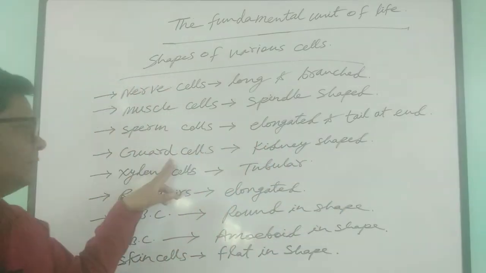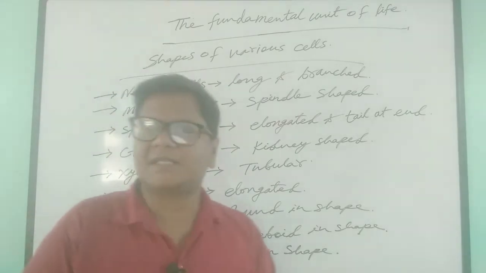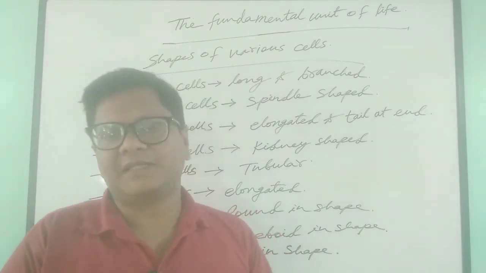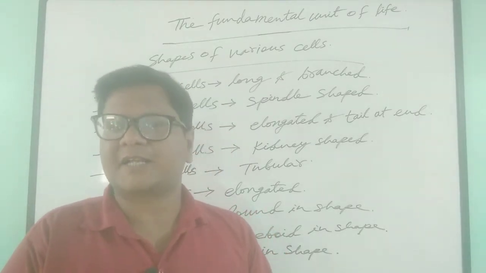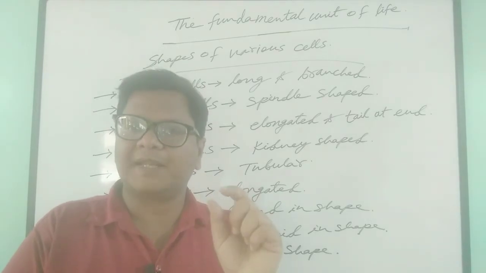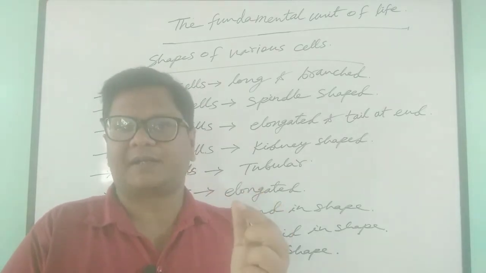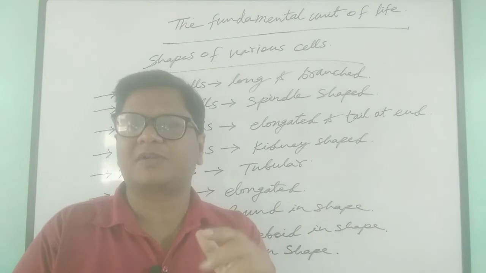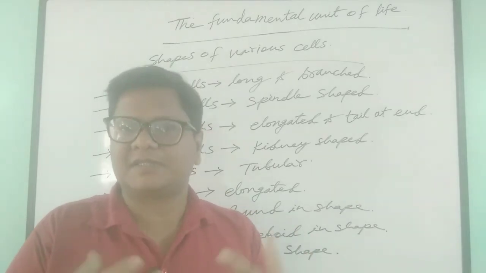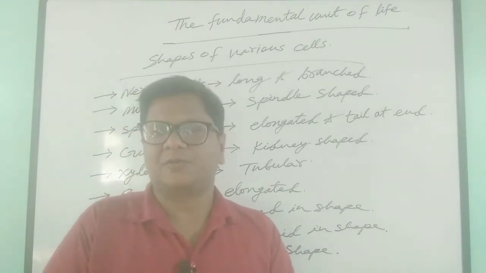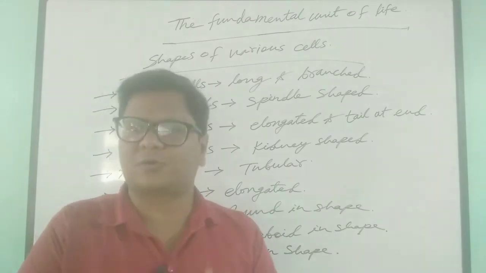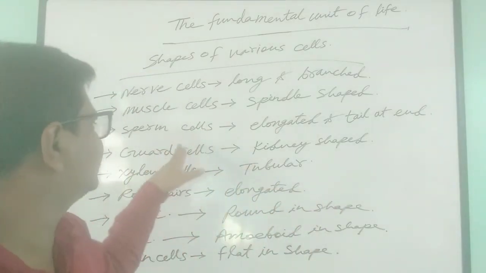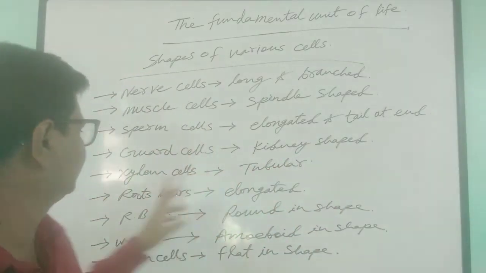Guard cells are kidney shaped, and they are responsible for the opening and closing of the stomata. Stomata are the sites for the gaseous exchange that takes place in plants, which is necessary for the process of photosynthesis. So guard cells are kidney shaped.